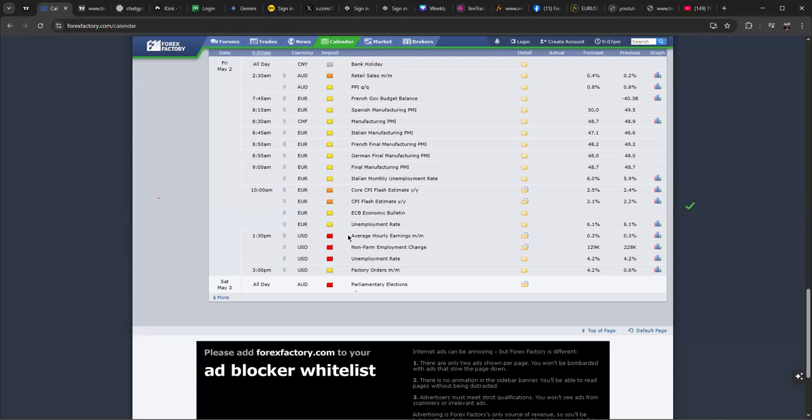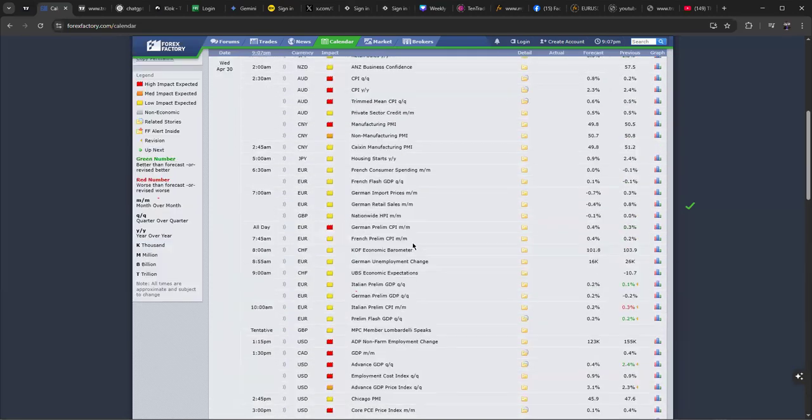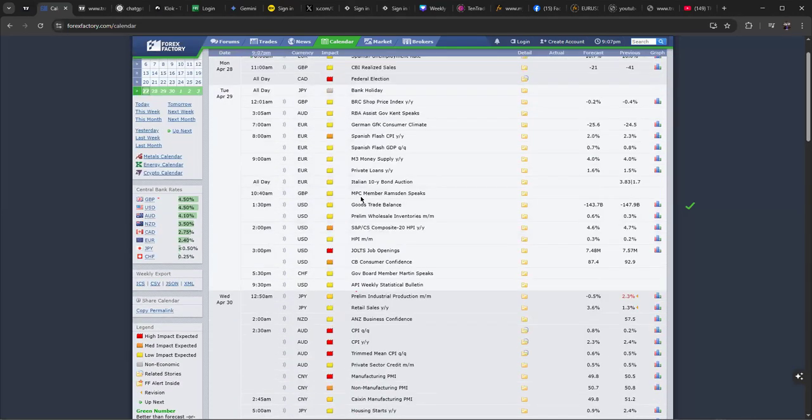A week that has to do with unemployment rate, non-farm payroll, CPI. Saturday, parliamentary elections in Australia. So this is quite an interesting week.